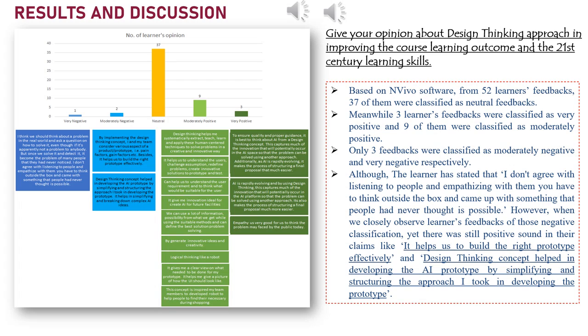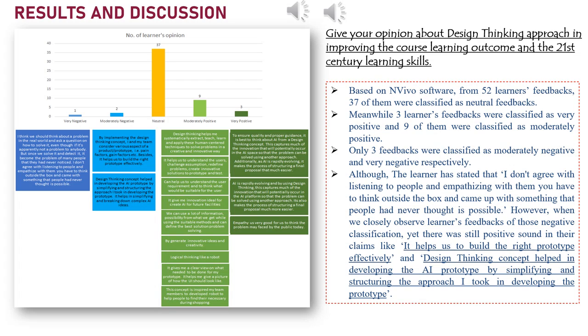Based on NVivo software, from 52 learners' opinions, 37 of them were classified as neutral. Meanwhile, 3 learners' opinions were classified as very positive and 9 of them as moderately positive. Only 2 opinions were classified as moderately negative and 1 as very negative, respectively.